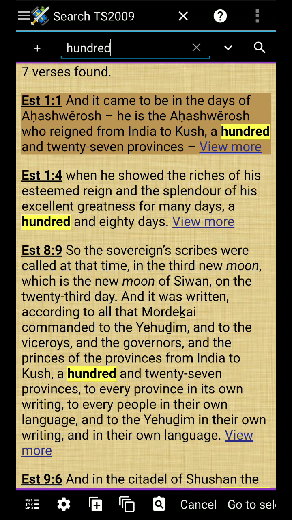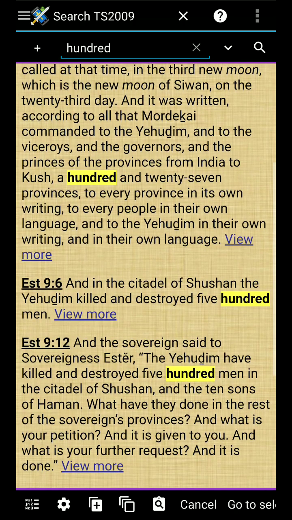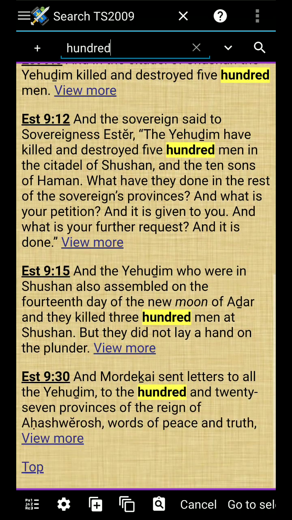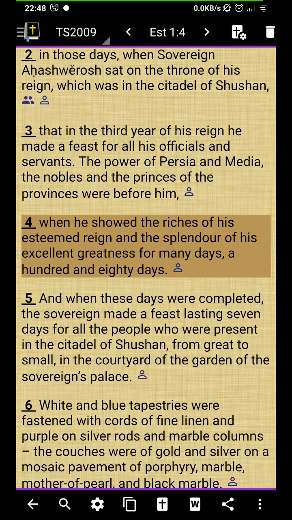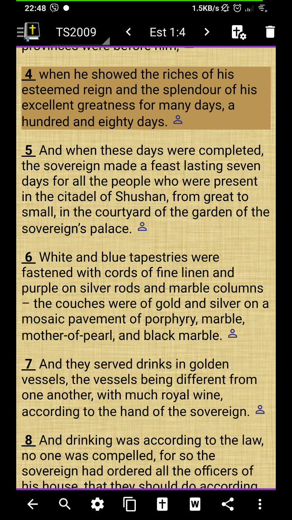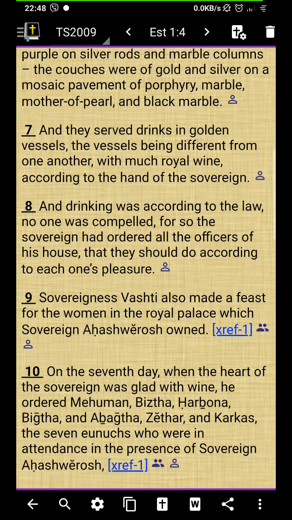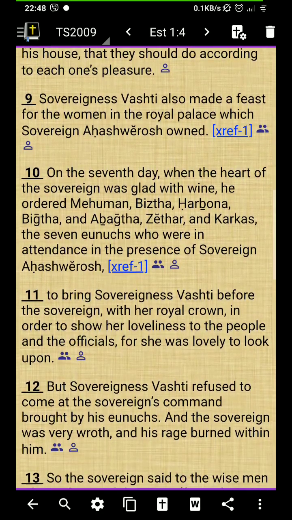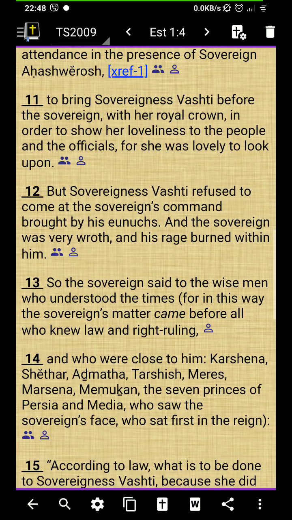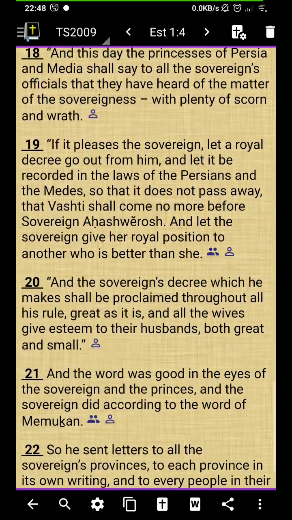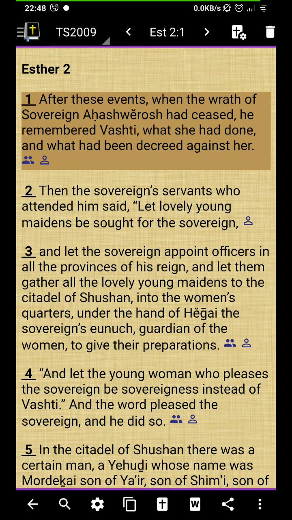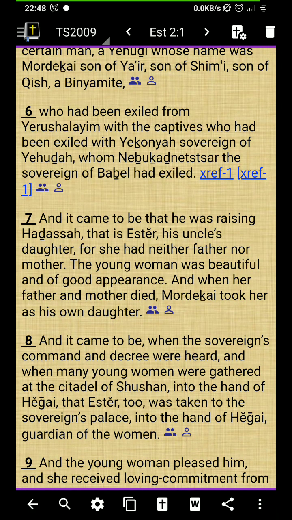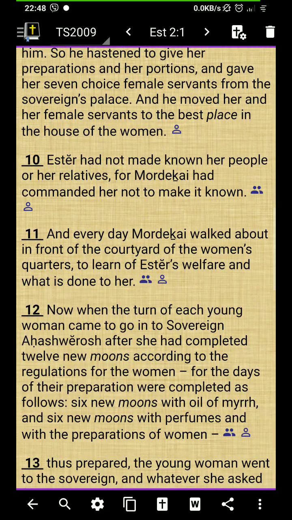So we see in verse 4 and... I think it's somewhere in... So when he was choosing the women, it says that the chosen women were going through preparations for 180 days.